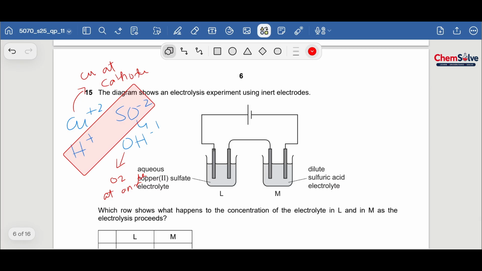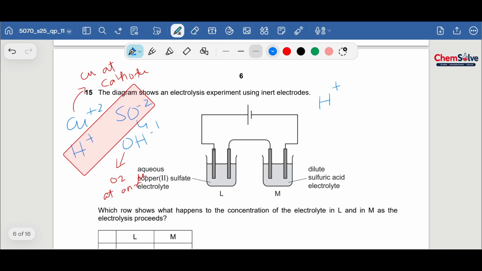So next, dilute sulfuric acid. Dilute sulfuric acid would have H+ and SO4 2- sulfate ions, and obviously it is dilute, so it would have water as well, so hydrogen and hydroxyl ions.